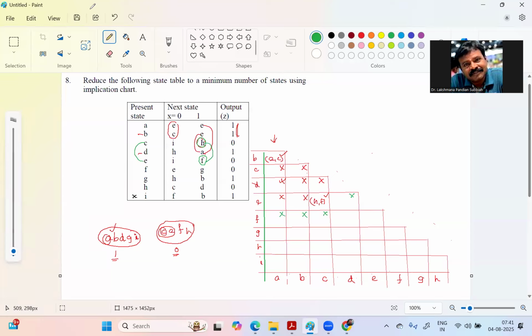Next EF. EF is the same, but it goes to I and E, which are different. So F and G are also different, so EF is not possible.